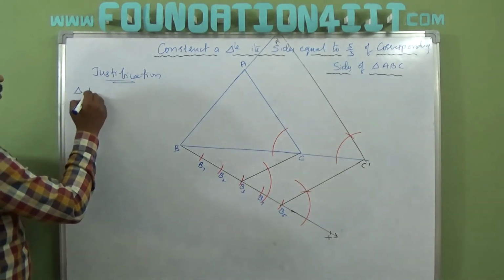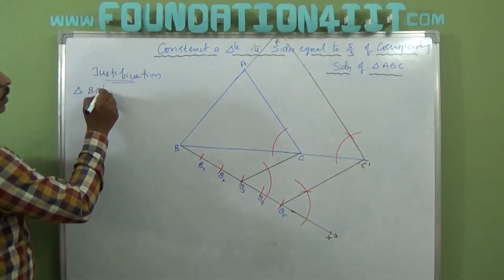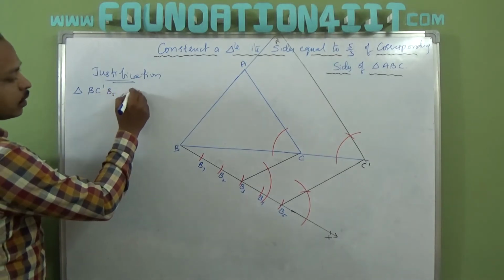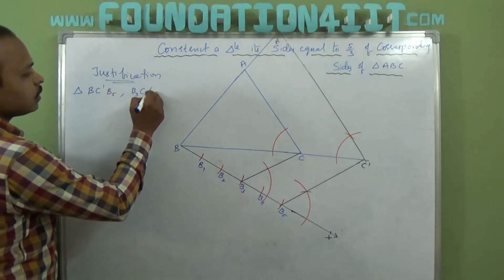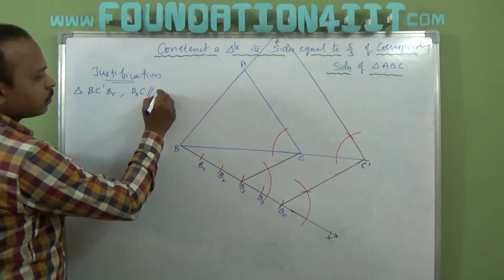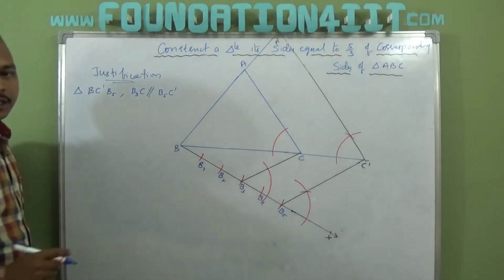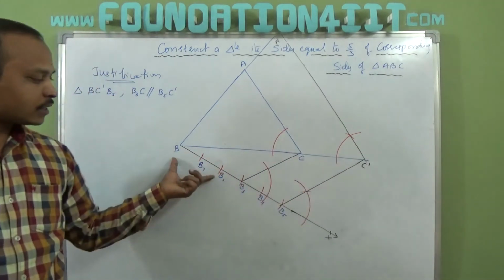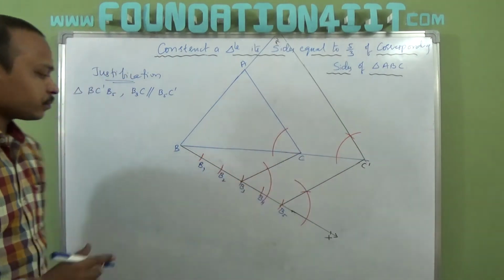So from triangle B C dash B5, B3C is parallel to B5C dash, right? So in this triangle, this is parallel to this, so it divides the other two sides in the same ratio.